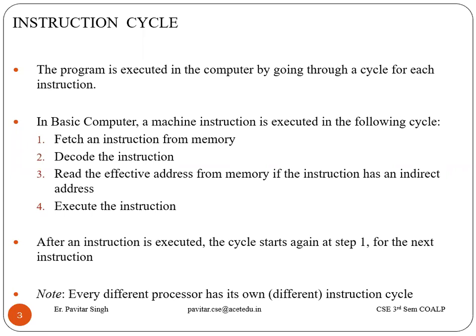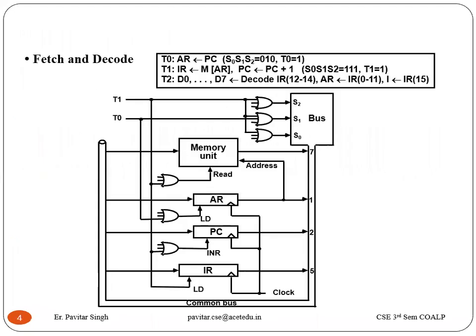Every instruction has to pass through this cycle. After that, the second instruction will be executed, and then the third instruction will be processed and executed, and so on. So here you can see the diagram for fetch and decode.